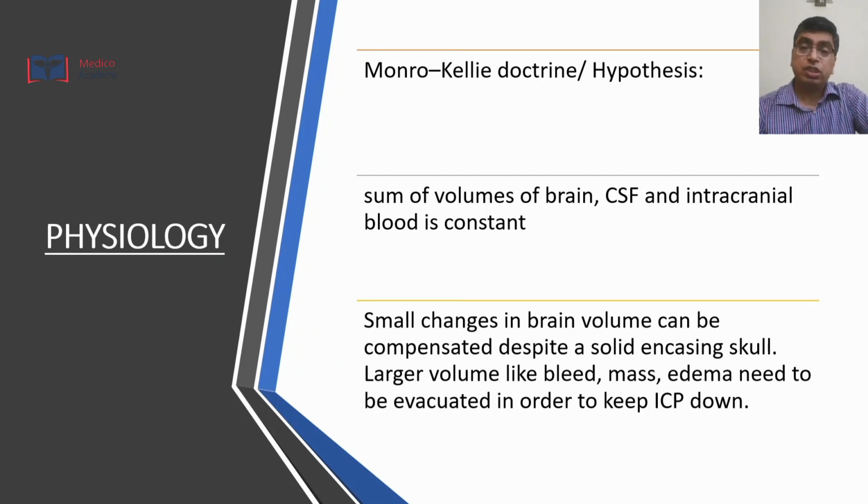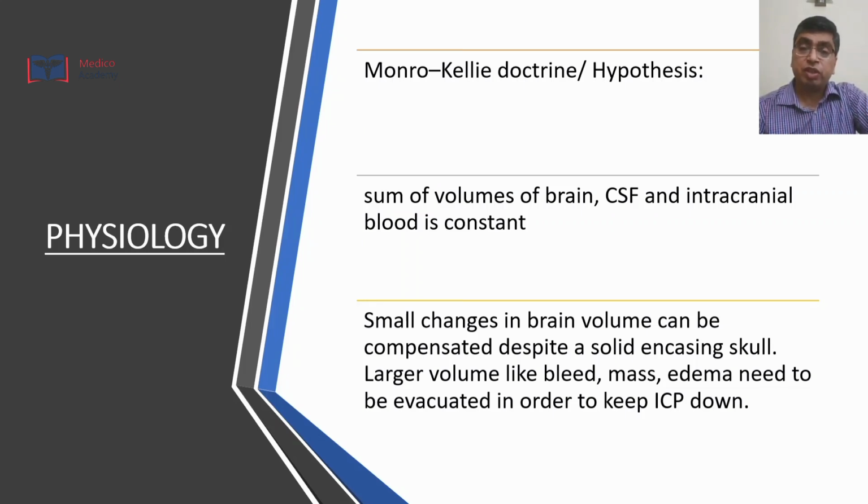The physiology or the reason behind intracranial hypertension can be explained by the Monro-Kellie doctrine hypothesis. It states that the sum of volume of brain, CSF, and intracranial blood is constant. Any change or increase in any one of the components causes a rise in intracranial pressure.